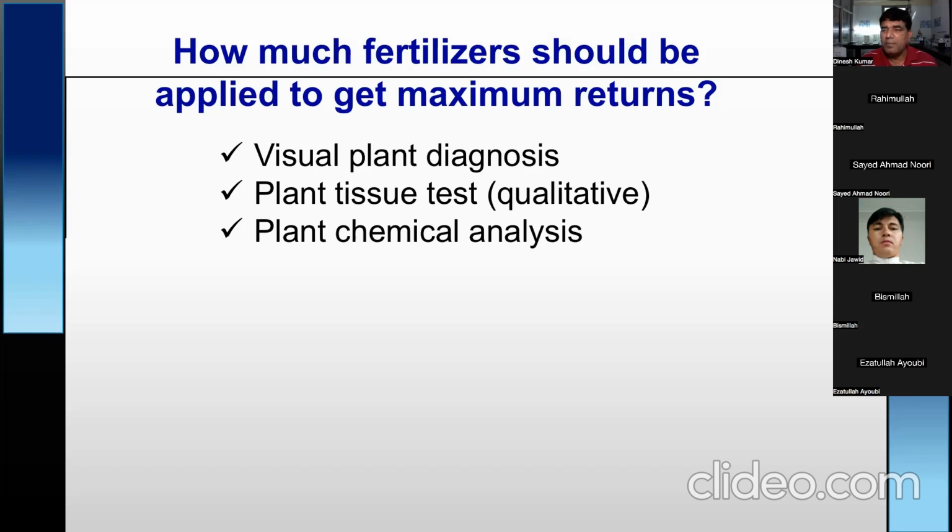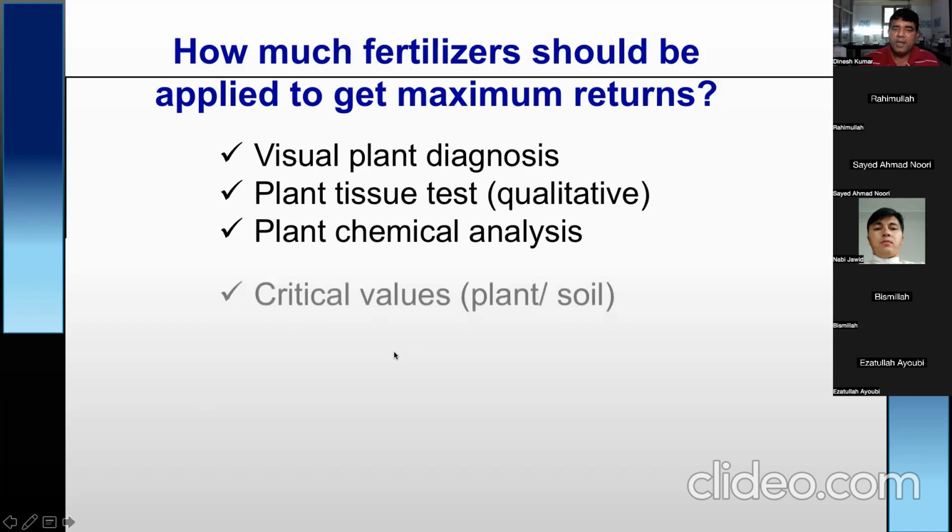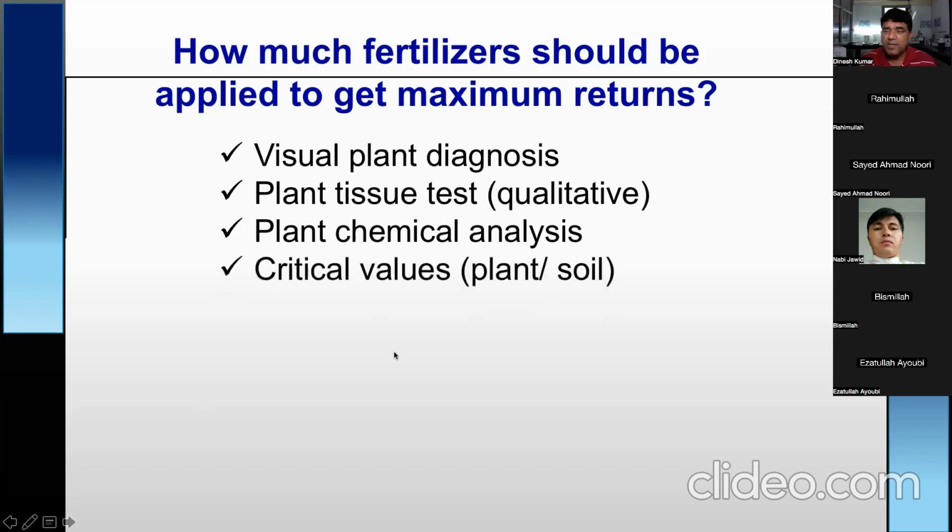Based upon it, we can see whether the concentration in our plant sample is below the critical level or more than the critical level of the nutrients. So we can compare it with the critical level, and we can know the critical level in plant or soil.